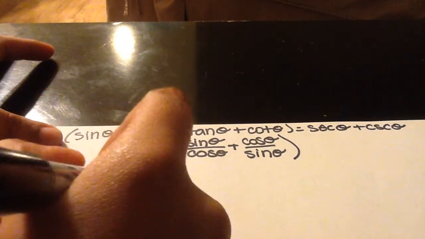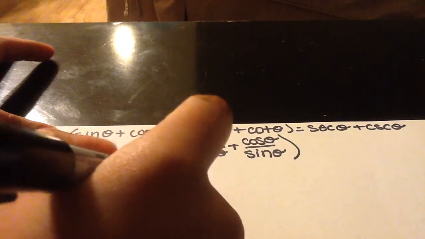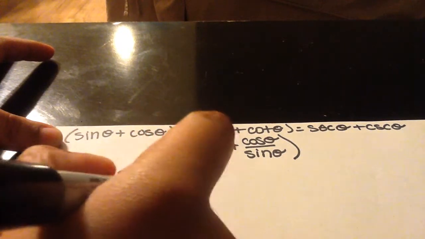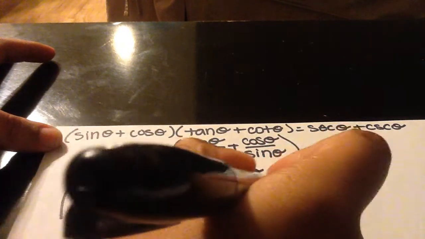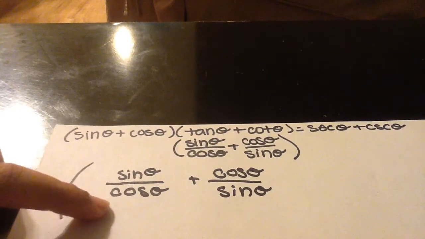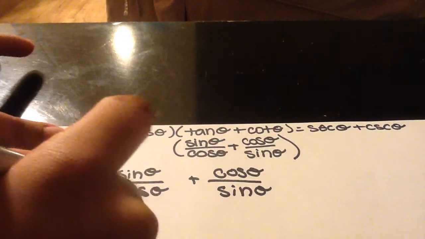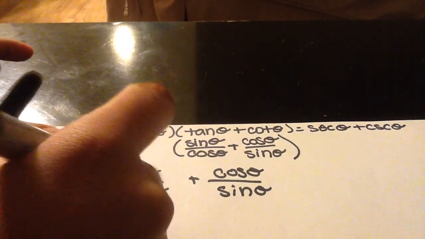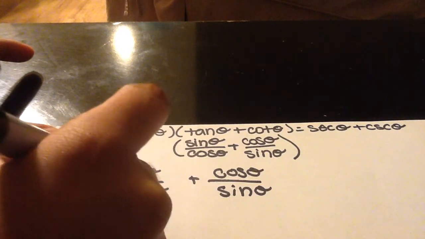So on the cosine side, I would multiply by sin θ. Whatever you do to the bottom, you have to do it to the top. And on this side, I would multiply it by cos θ.